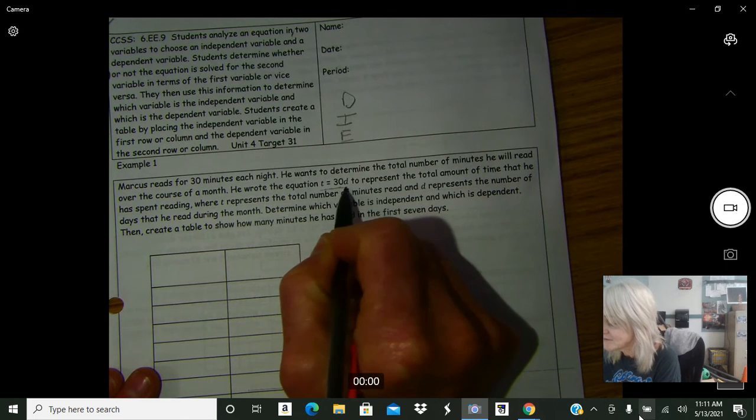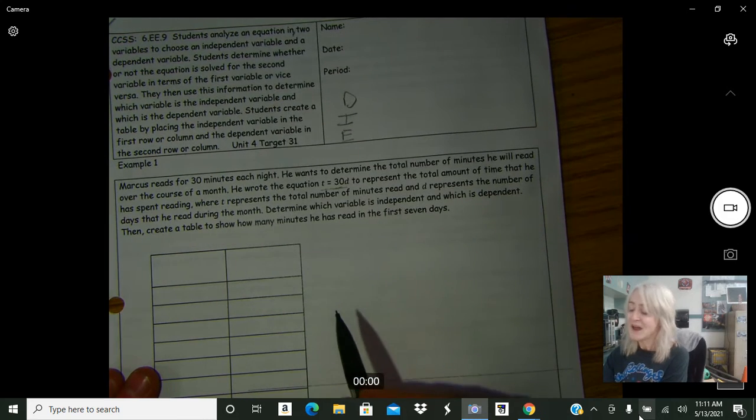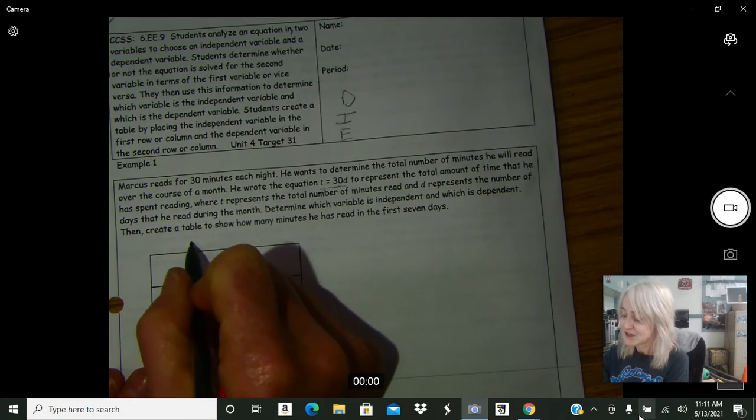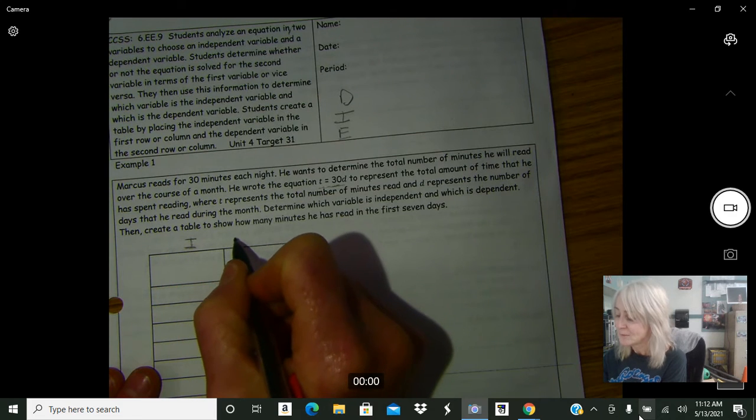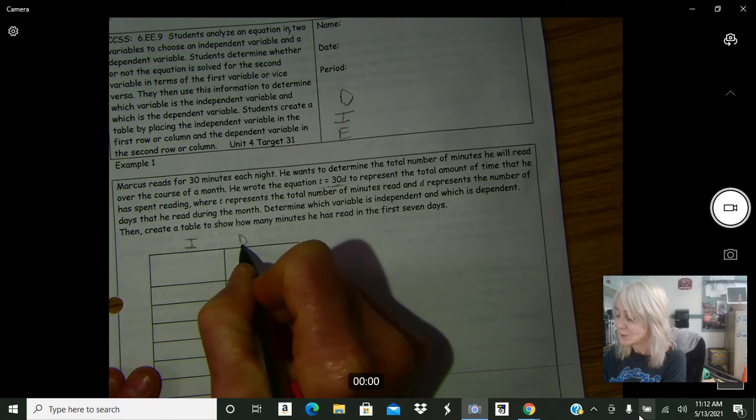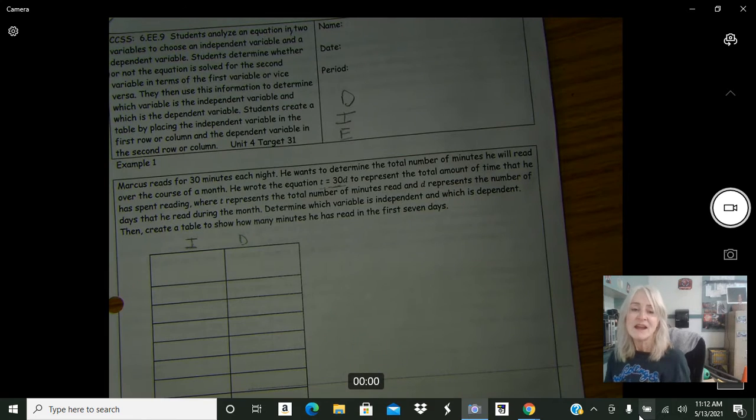So there's a couple of things that I need you to understand. Usually we put the independent variable in this column and the dependent variable on this column. Now, independent and dependent are just what they sound like. The independent variable happens no matter what. The dependent variable actually depends on what is going on with the independent.